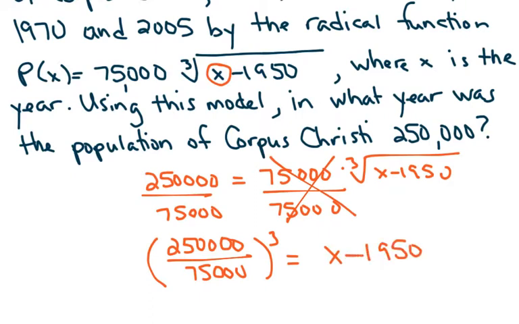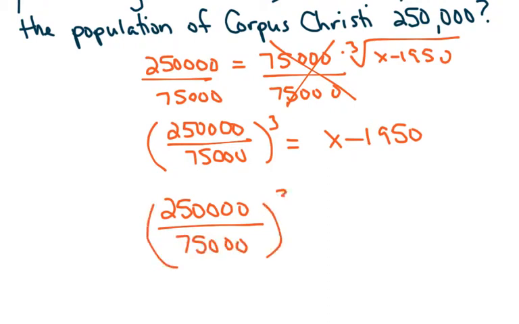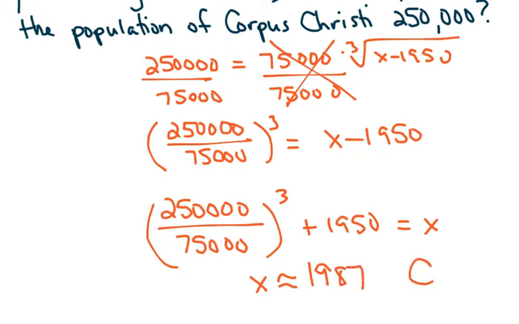And then the last thing I would do is take whatever that answer is and add 1950 to it. You're going to get a decimal, but we're trying to approximate the answer. So you should get that x is approximately 1987, which is option C.